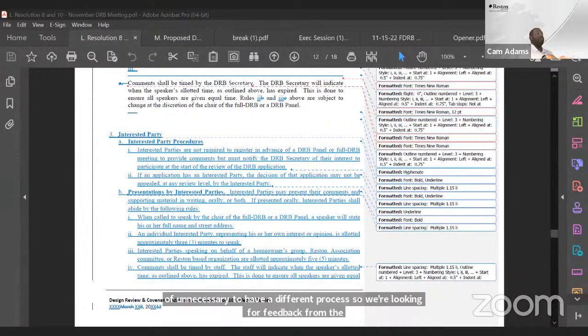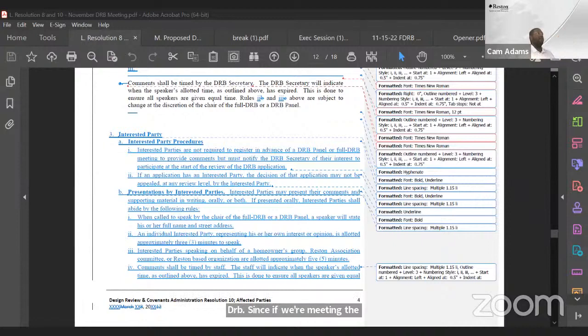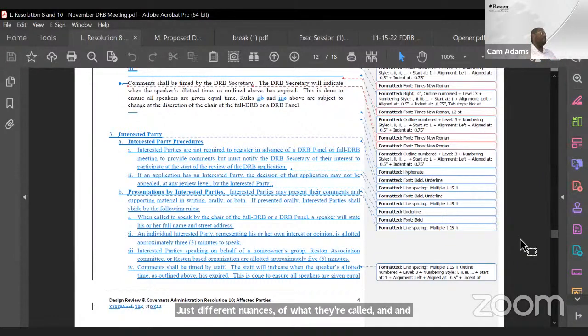If we're meeting the DRB's desire to have the interested party and affected party, and we all agree that the affected party is the one who signs the application and has been notified of the application, for cluster-wide notification if it's a cluster application or something to that effect, then quite frankly there isn't a need for a difference of interested versus affected in residential or non-residential properties, because we're still allowing global participation, just different nuances of what they're called and what the resolution will allow them to do in terms of appealing that decision.